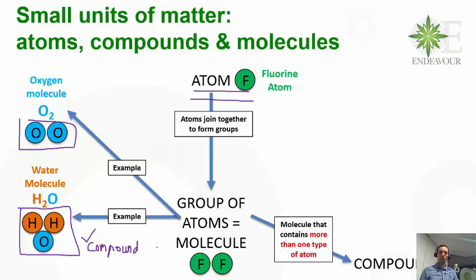It's essentially the fact that water has more than one different type of atom, because we've got atoms from the element hydrogen and atoms from the element oxygen. Therefore, we've got more than one different type of atom. In oxygen, there's only one element's atom present. Therefore, it is not a compound. So we can say not a compound, because there's only one atom type present.